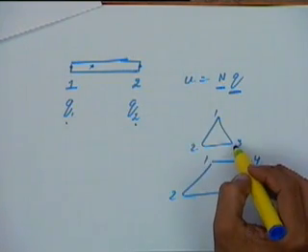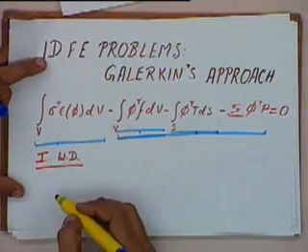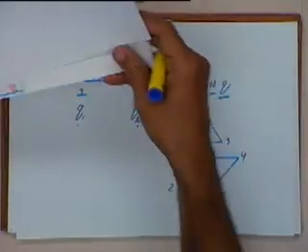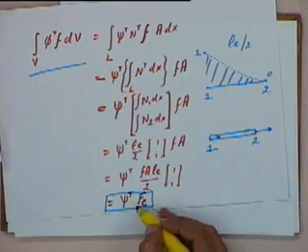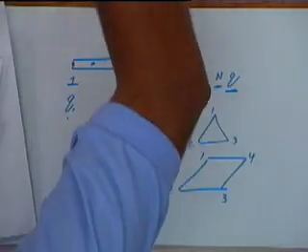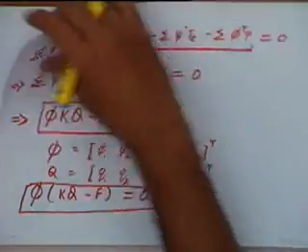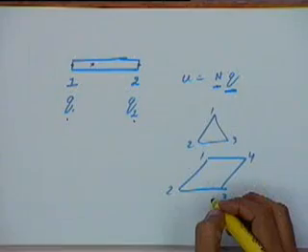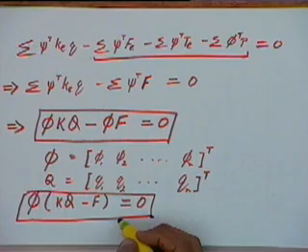Have shape functions for each of these nodes, and using that we will simplify this, and finally the expression that we will get will be the same expressions, psi transpose times Fe or this expression, or there will be expressions of this type. The final expression will always be the same, irrespective of what is the shape of the element we are choosing. Our aim will be that the final expression should be the same.